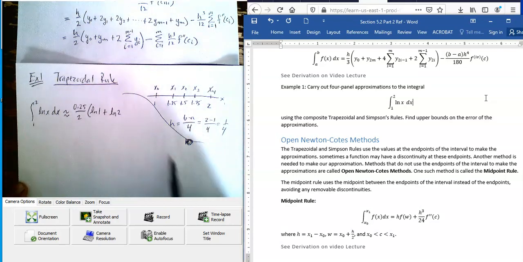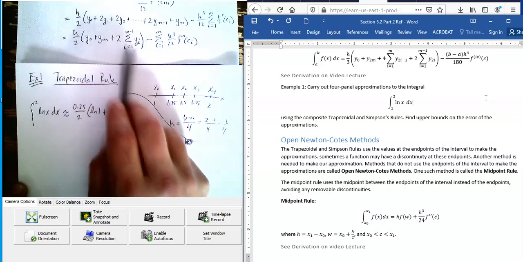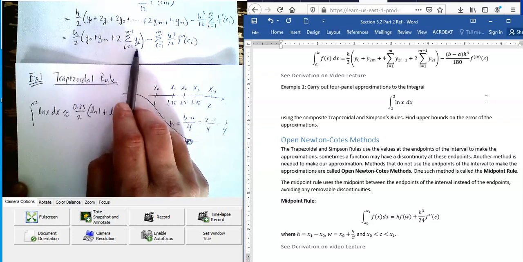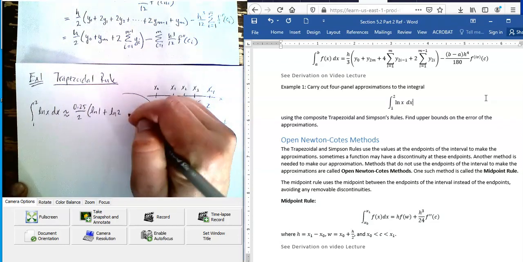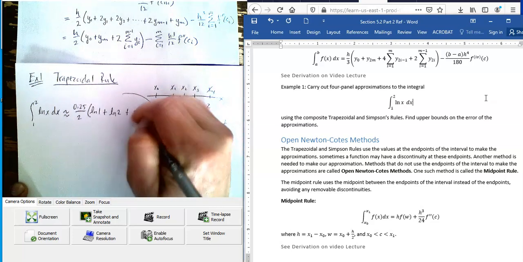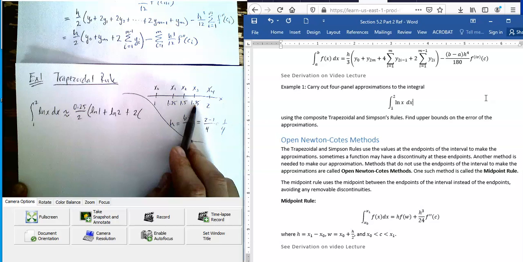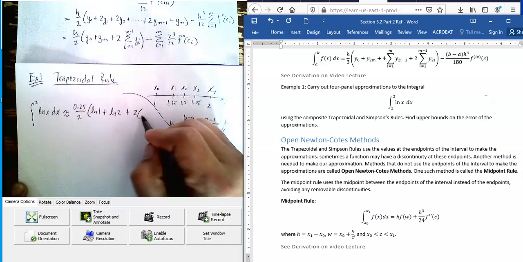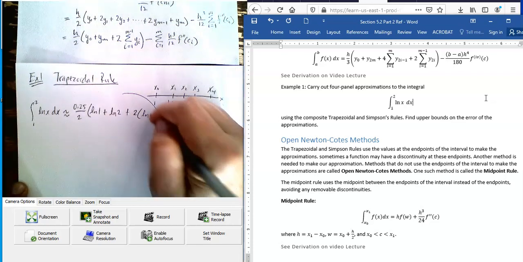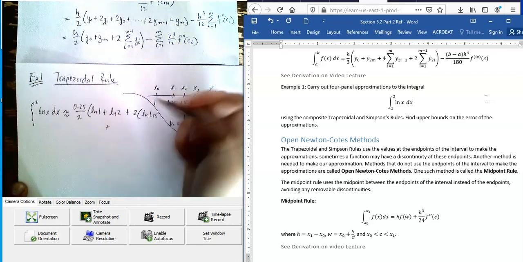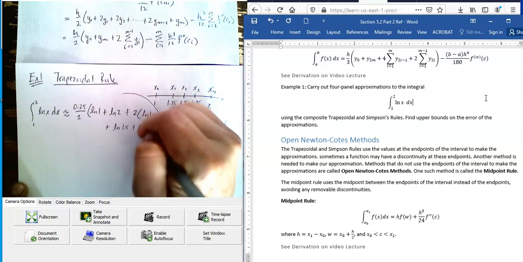And then we have 2 times the sum of all the interior y coordinates. So that would be plus 2 times the sum of all the function values here, so natural log of 1.25 plus natural log of 1.5 plus natural log of 1.75.